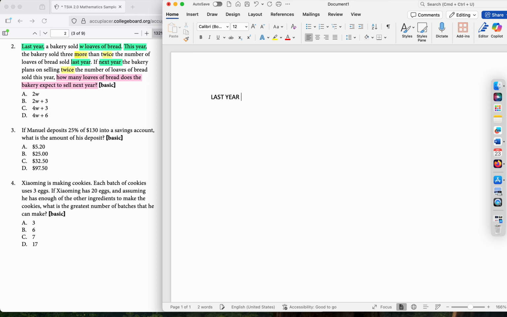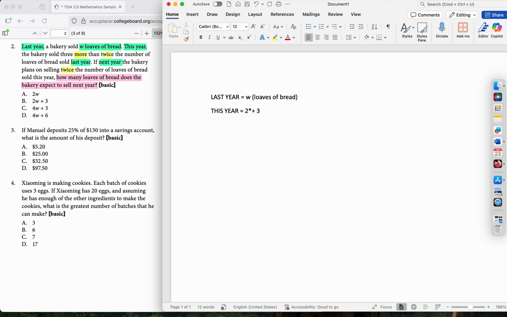Last year is represented by the variable W, or loaves of bread. This year, the bakery sold 3 more, which would indicate addition, plus 3 more than twice. So twice would indicate some type of multiplication, and that's twice the number of loaves of bread they sold last year.